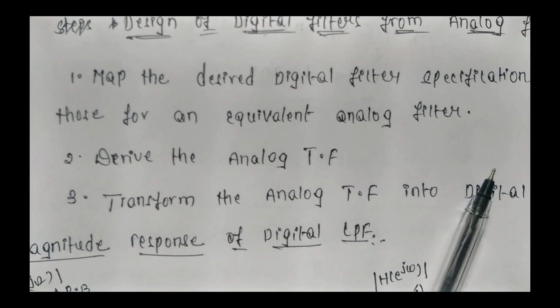In short, there are three important steps: map the specifications of the required filter to the analog filter, derive the transfer function of the analog filter, and convert it into the digital filter.